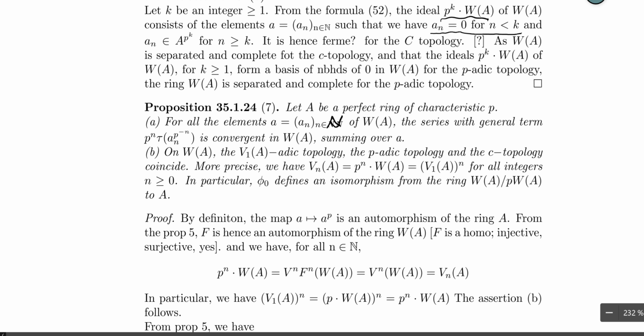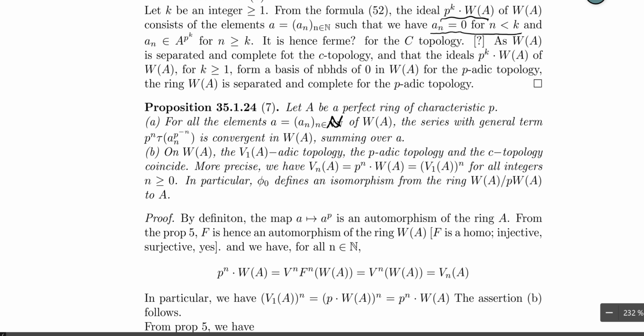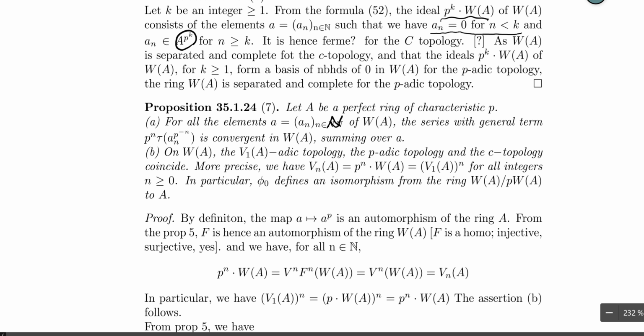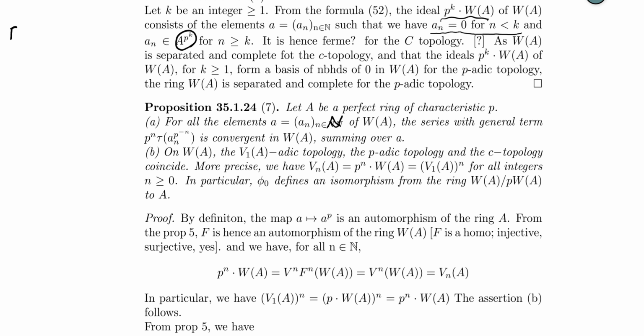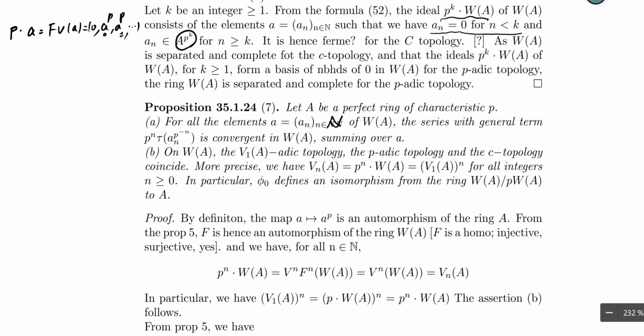The first k minus 1 positions are 0, and from the kth position on, every element is in the p to the kth power of A. This just comes from the formula 52, which tells us that, okay, this is obvious.